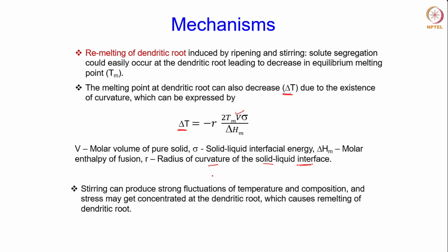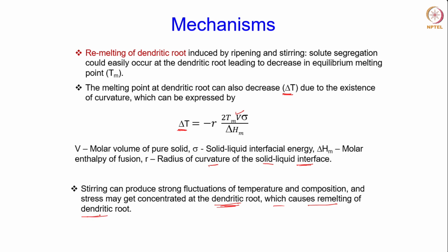And the other thing that could occur due to this stirring is the strong fluctuations of temperature and composition, and the stress which is generated due to this curvature which is induced by this temperature fluctuation and also the composition fluctuation, that would lead to generation of stress which may get concentrated at the dendritic roots. Okay, and as a result of that, it will cause remelting of the dendritic root.